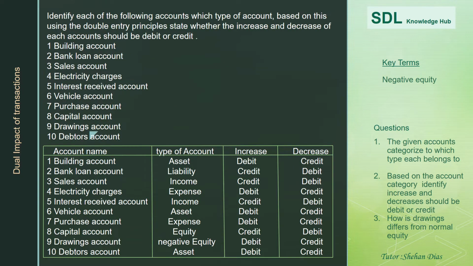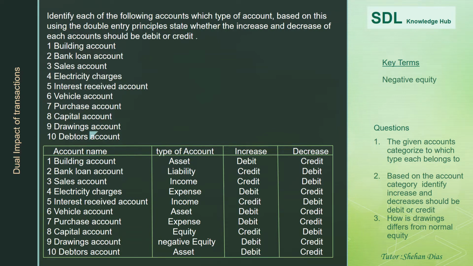We will now look at how the double entry principles are applied for different types of accounts. You are given 10 accounts, so we need to look at each account, which type of account it is and how it is recorded.